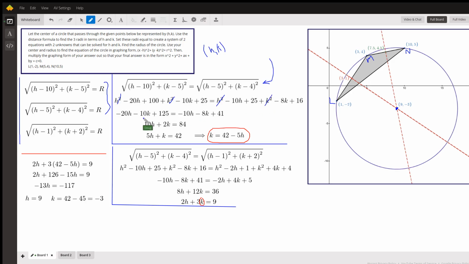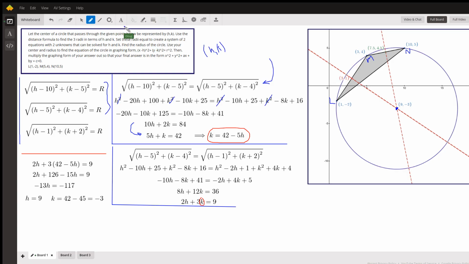Then you can combine similar terms, get the constant on one side and the variable terms on the other side. From here to here, I just noticed that every term is divisible by 2. Eventually, I'm going to use the substitution method, so I solve for K. K is 42 minus 5H.